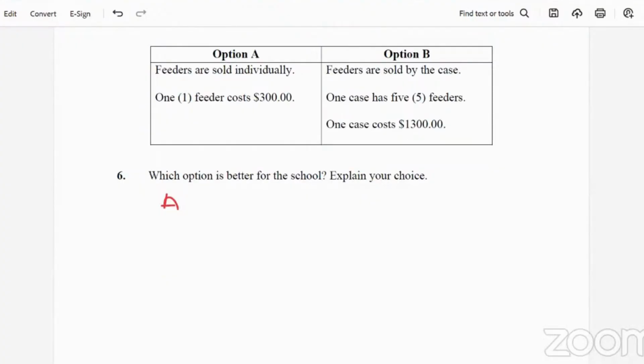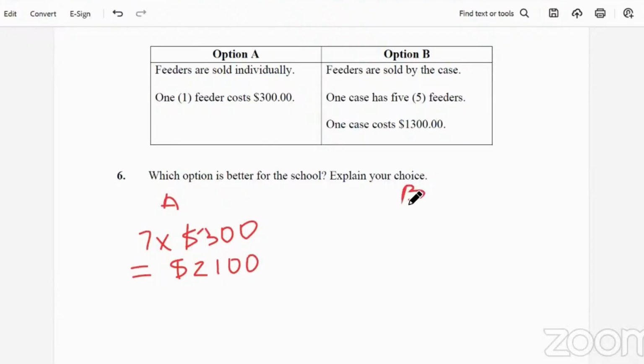So option A, 7 feeders at 300 each would be 7 times 300. Writing with my fingers, guys, bear with me. 7 times 3, that's 21. So it would cost us $2,100.